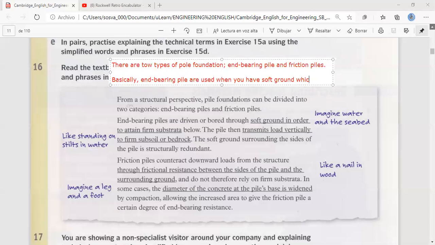How can we replace firm substrata? Substrata is the part of the soil that is hard, like rock. It's like a material. So how can we change firm substrata? What is the synonym?